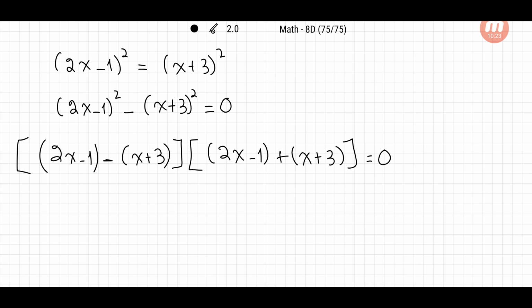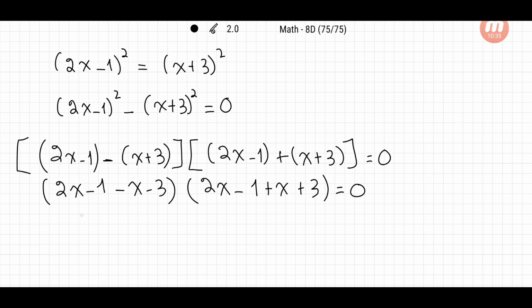Now I expand inside the brackets, so (2x minus 1 minus x minus 3)(2x minus 1 plus x plus 3) equal to 0. 2x minus x is x, minus 1 minus 3 is minus 4, and 2x plus x is 3x, minus 1 plus 3 is plus 2 equal to 0. Now I solve each one equals to 0.